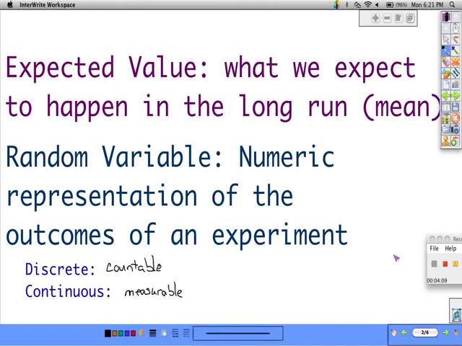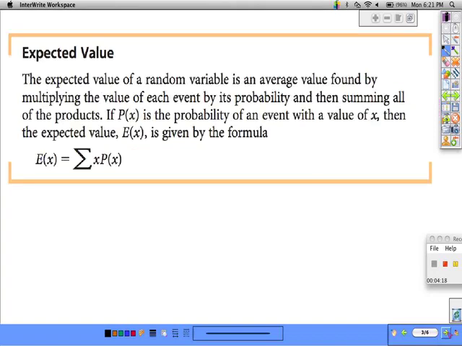It has a continuous measurement system for gathering that data. To find the expected value for a random variable, we take each value the random variable can be and multiply by the corresponding probability. And we're going to add all of those things up.